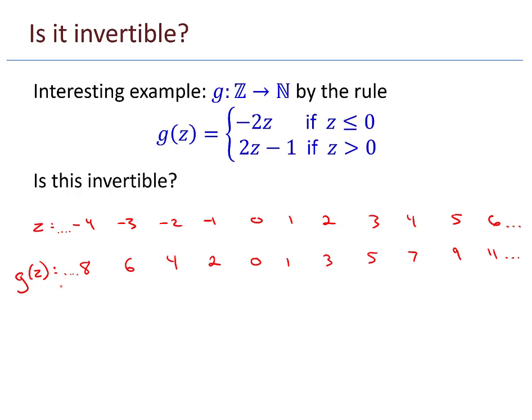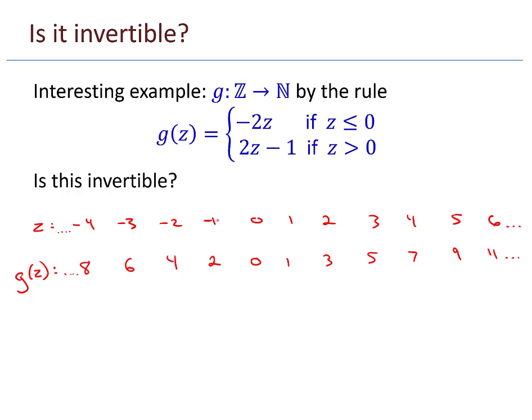And this is kind of interesting, right? Look at this. I'm going from the integers, which is infinite in 2 directions, to the natural numbers, which is only infinite in 1 direction. And somehow I am getting a function that is one-to-one and onto. So it looks like every integer gets mapped to some natural number.